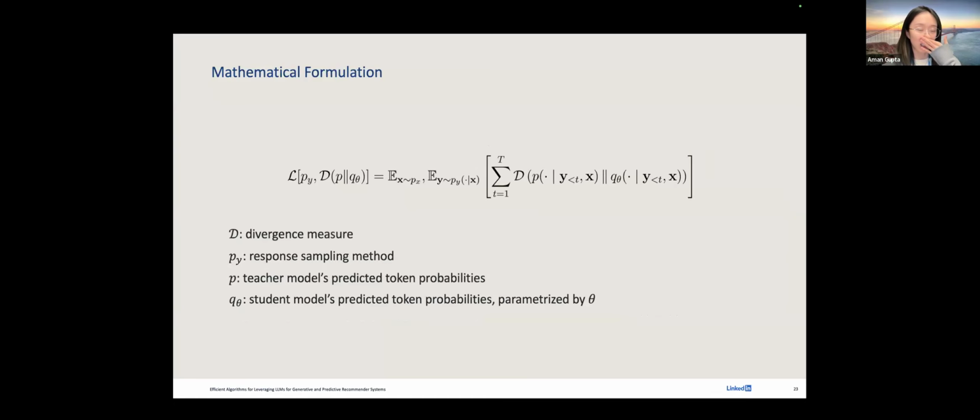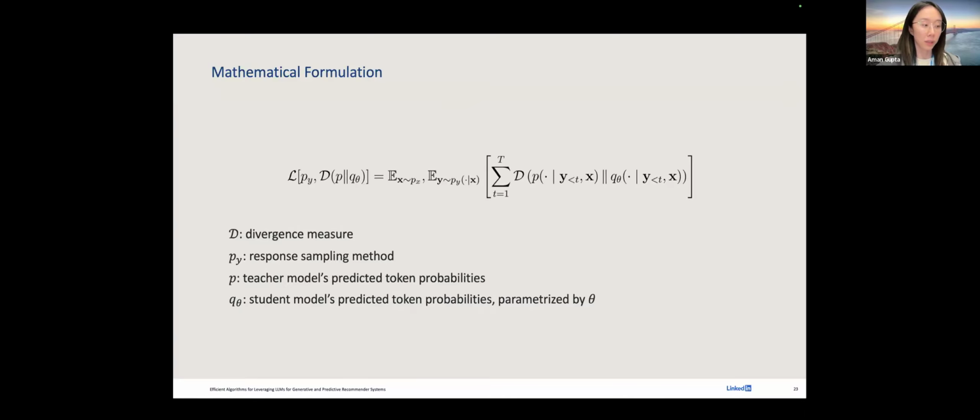So formally, the loss function used in knowledge distillation often involves minimizing the divergence between the teacher distribution, which is here denoted as P, and the student distribution, which is denoted by Q theta, parameterized by theta, over the vocabulary space. And it can be formulated into this equation. It can be read as, firstly, you define, given a prompt, how to draw a response.